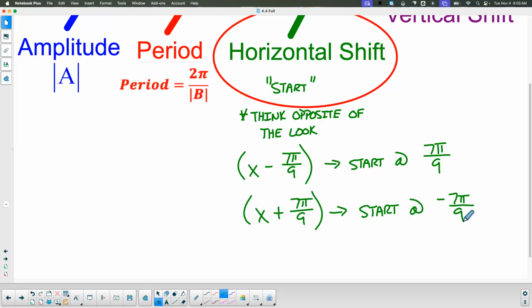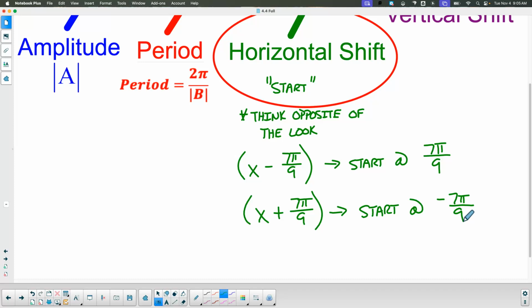Really, it's opposite thinking because the formula is minus C, and so we always got to make it be negative. So C in this case would be 7 pi over 9 in the first one. In the second one, it would be minus negative 7 pi over 9. Kind of deconstructing that minus a negative thing. Good on that.